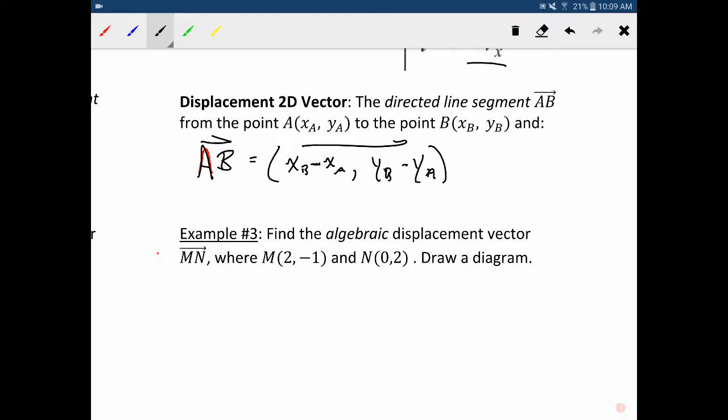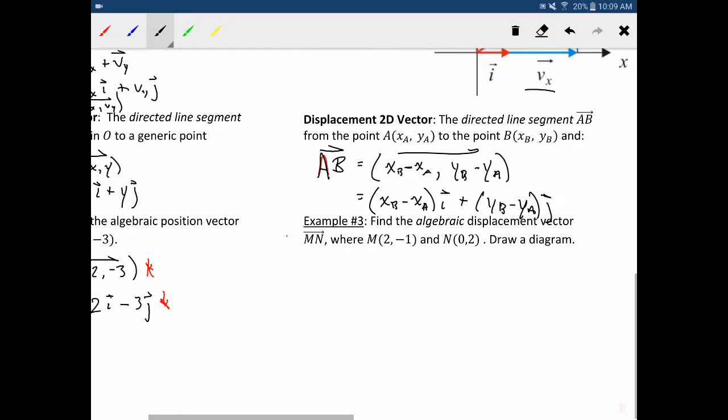That'll give me the vector, but what's more, I could write that as xB minus xA times i plus yB minus yA times j. So you get the idea there.